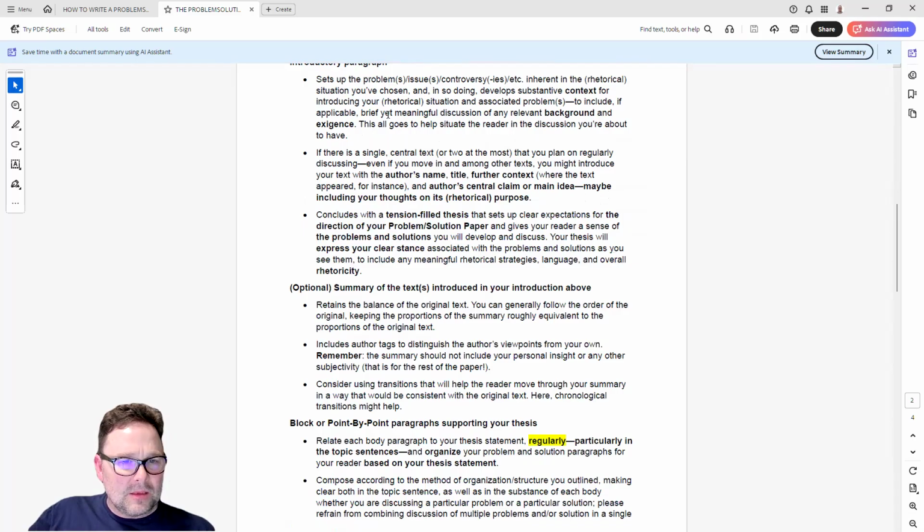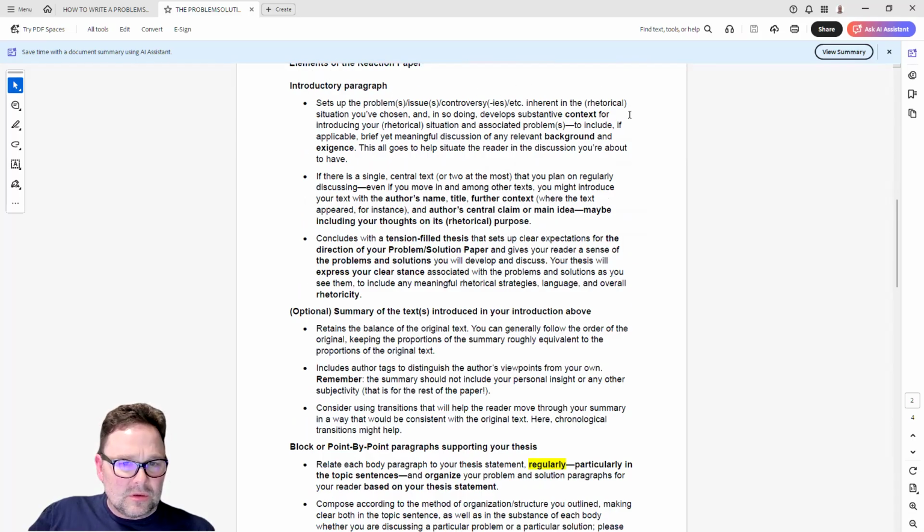Your introduction could be these sort of not steps, but these considerations that we make in introducing our discussion to our reader, situating our reader, and obviously the end of the conclusion is where we start to wrap up and present our thesis statement.